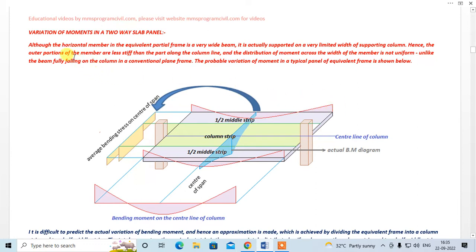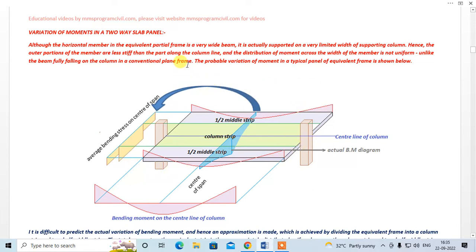That is what is explained over here. Outer portions of the member are less stiff, right? These are the outer portions, right? They are less stiff, so as they are less stiff, they will resist a lesser moment. Okay, so this is the bending moment at the center line of the column. This is the bending moment diagram at the edges, right?